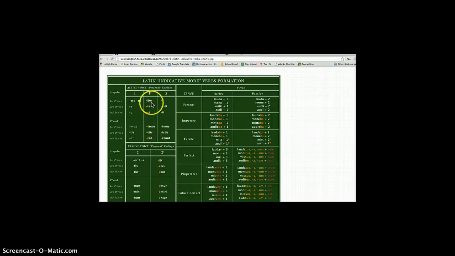Now, sometimes there will have to be a vowel in front. Actually, a lot of times there will have to be a vowel in front, but not always. There are also some in the perfect that will use goofy endings with these I's. You probably remember them. Don't be alarmed. They still mean the same thing.